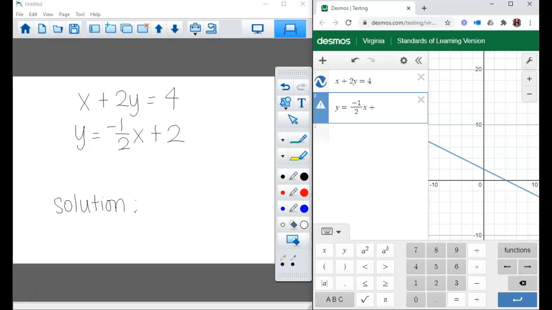See, there was that blue line. There's the first one. And the minute I hit that plus 2, notice the green line ends up right on top of him. So these two lines are really the same line. They end up in exactly the same spot on my graph. So on this one, remember, it is infinite solutions. And the reason it's infinite solutions is because those lines are touching everywhere. So that one would be infinite solutions.